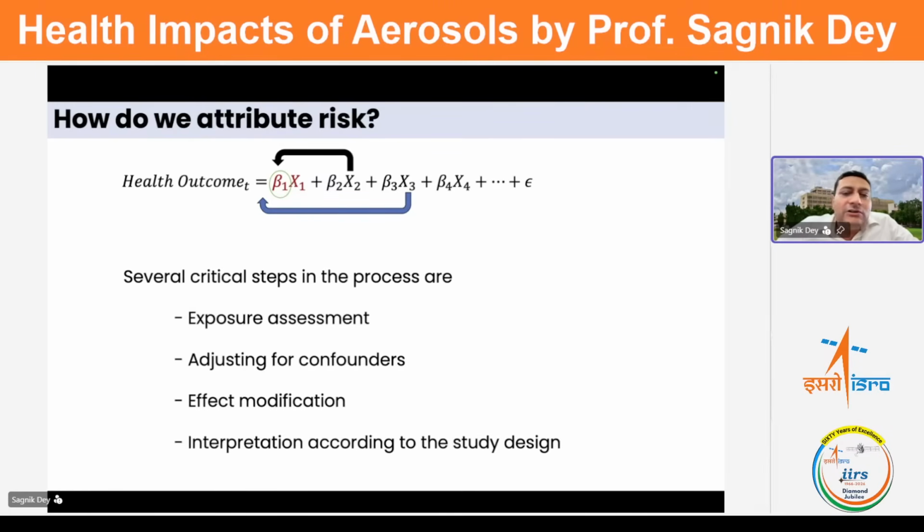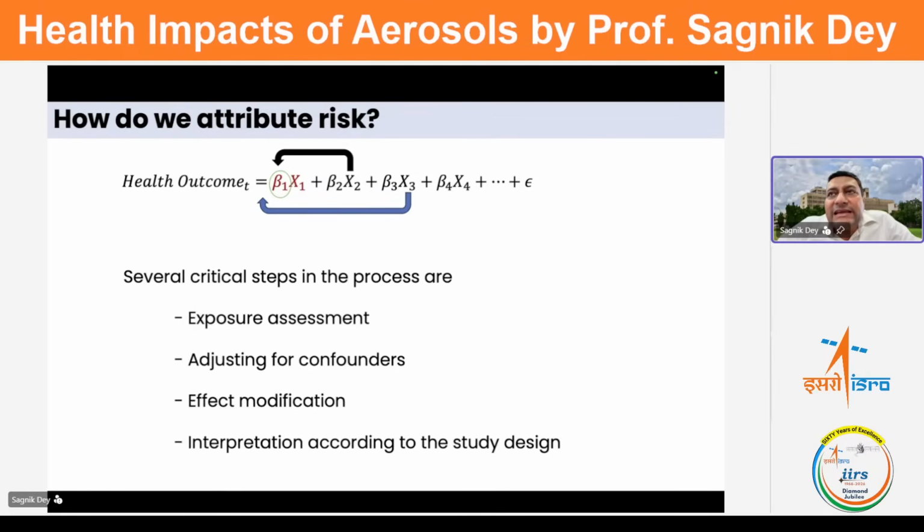For example, if we know that 100 people in any geography have died because of high blood pressure or stroke or something else, out of those 100, how much do you apportion to smoking, how much to lifestyle, how much to stress?